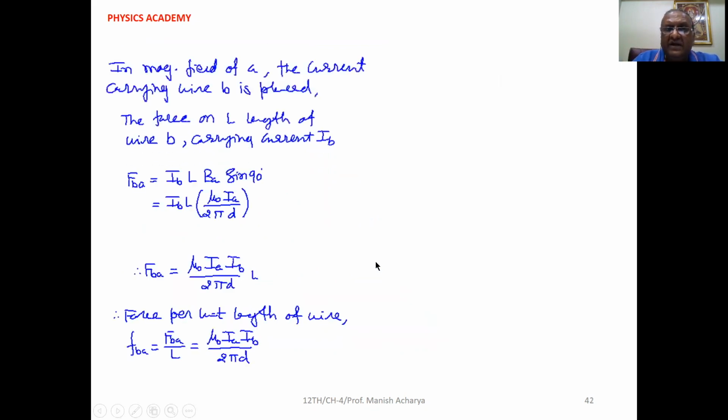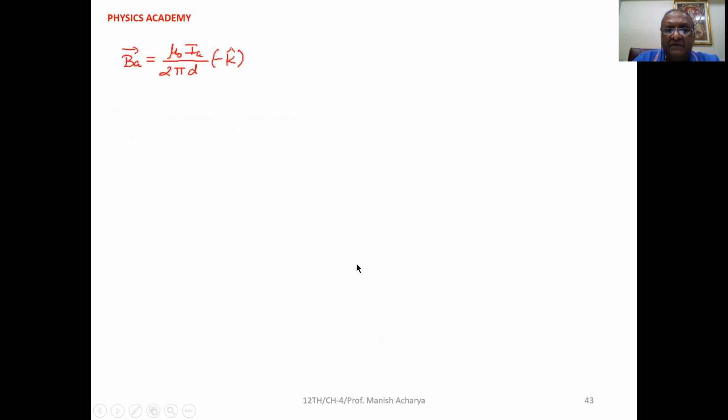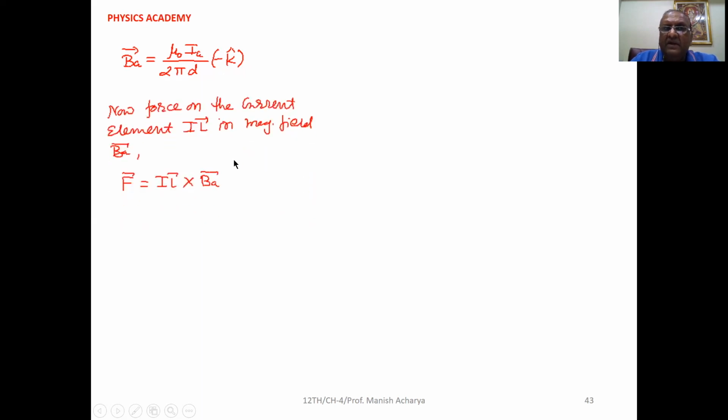So we can represent it in the vector form as vector BA equal to mu 0 IA upon 2 pi D into minus K cap. Now, force on the current element IL in magnetic field BA. So that is F equal to vector IL cross vector BA.